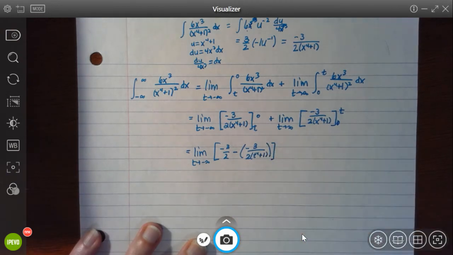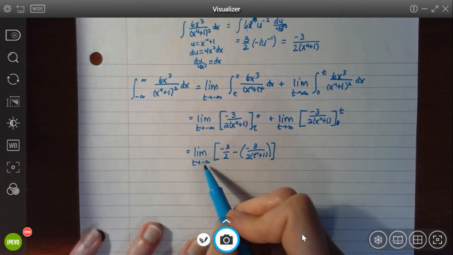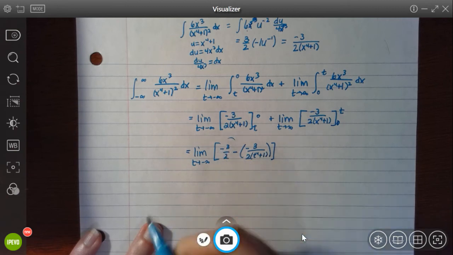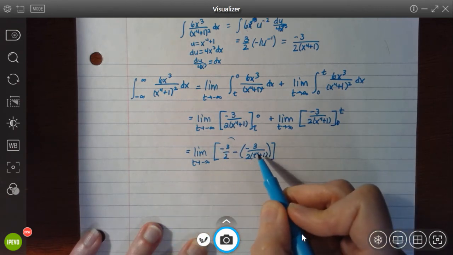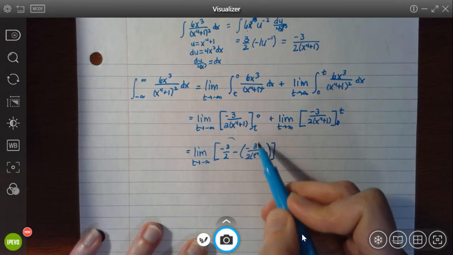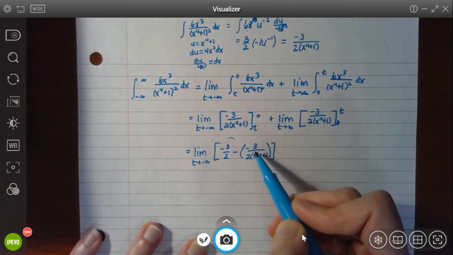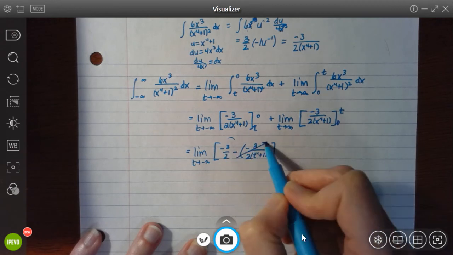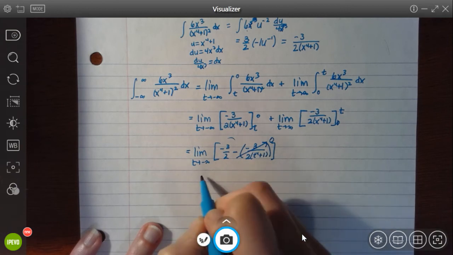Now, as the limit as t approaches negative infinity, the first part is a constant, so it stays negative 3/2. The negative infinity gets raised to the fourth and becomes positive infinity, so I get 3 divided by some really large number, and negative 3 divided by a really large number just goes to 0. So this limit simplifies to just negative 3/2.